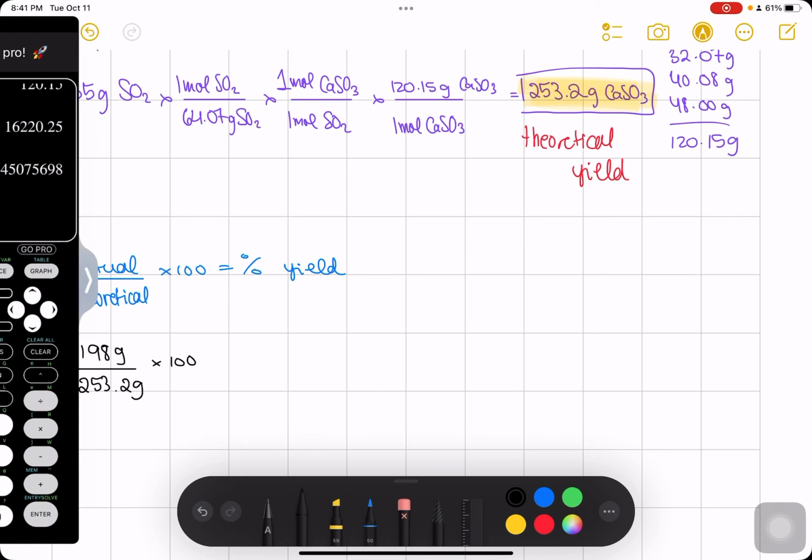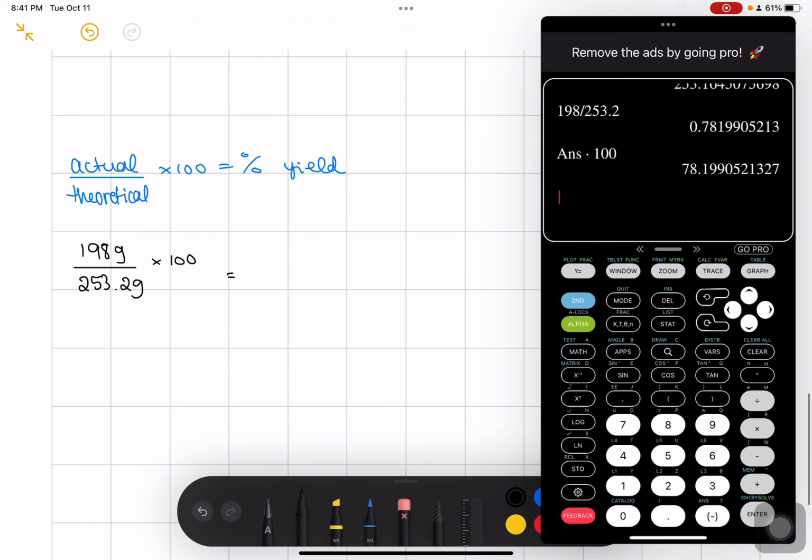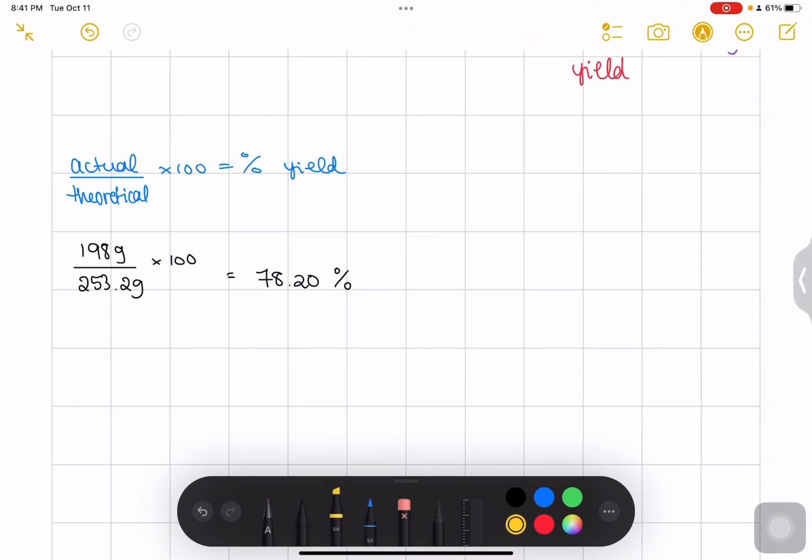I'm going to calculate that real quick. 198 divided by 253.2 times 100. You'll get 78.20%. That, my friends, is our percent yield of this equation.